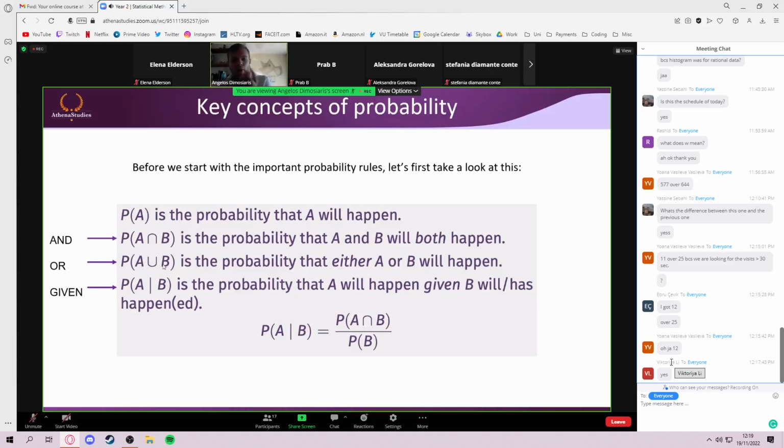We care about the probability of one event to happen. And we also have the straight line, which means the given. So here is the probability of the first event, so the event A will happen given that B has already happened, or given that B will happen.